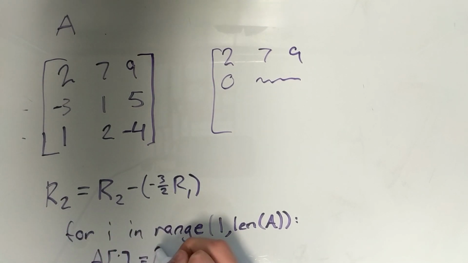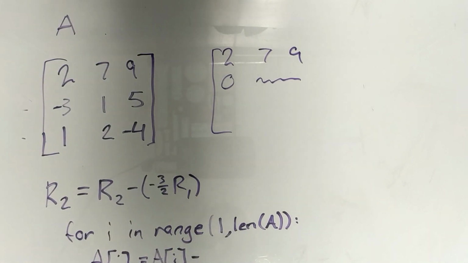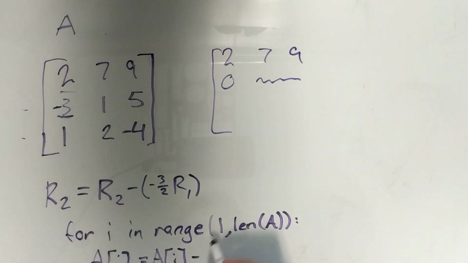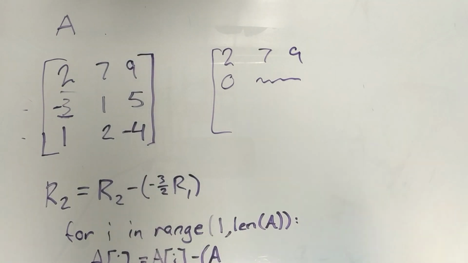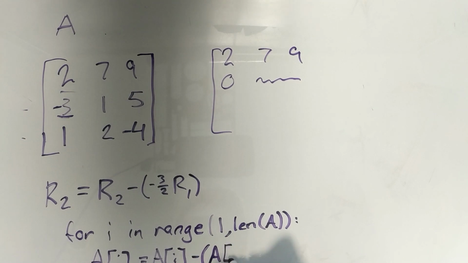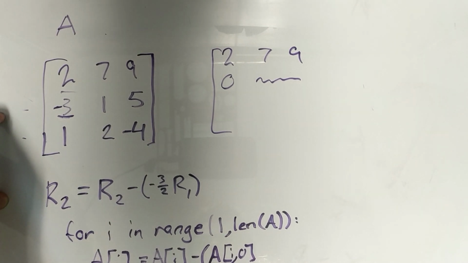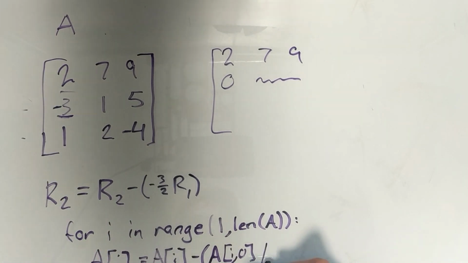We want A at i to equal A at i, and then it was minus, and then we have this coefficient here, which if you recall, was this coefficient divided by that coefficient. So the way that we can write that is say, for this first problem, we can say A[i][0], because that means the ith row that we're on in the first column, divided by the first entry in the list, because that's all we have to worry about for now.